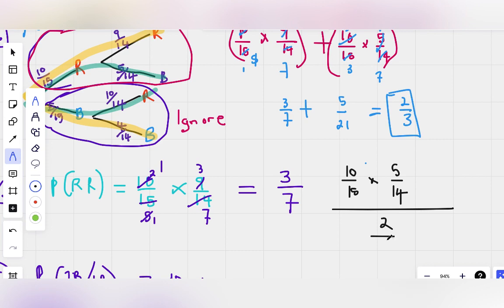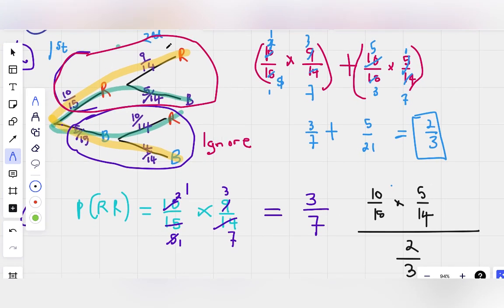Everything over the total probability of the whole top branch. Do you understand? The total has to only be dependent on this branch, because that's only where we have red for the first probability.